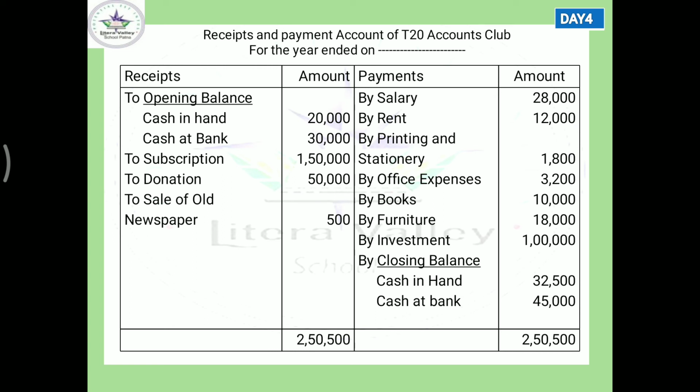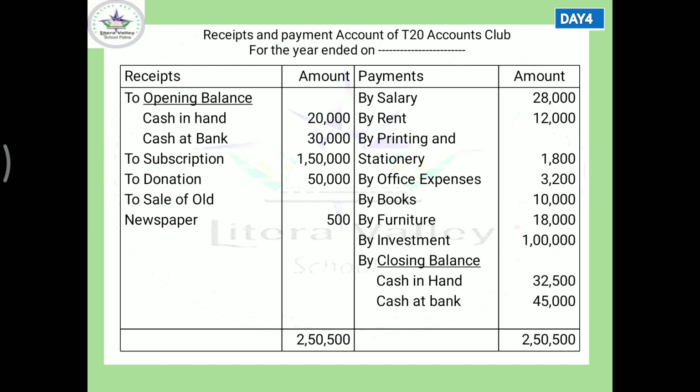But suppose the organization has more than one bank account, what will happen in that case? It may be possible that one bank has cash at bank balance, debit balance, and another bank has credit balance.